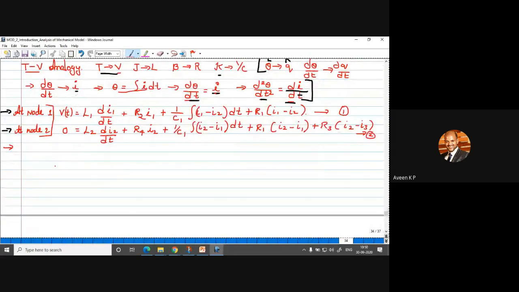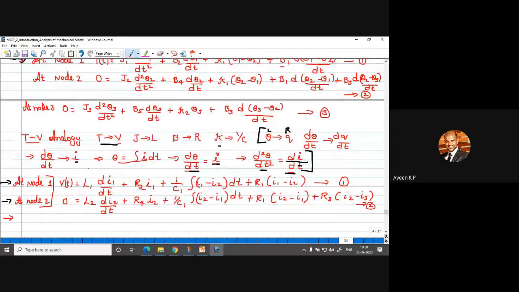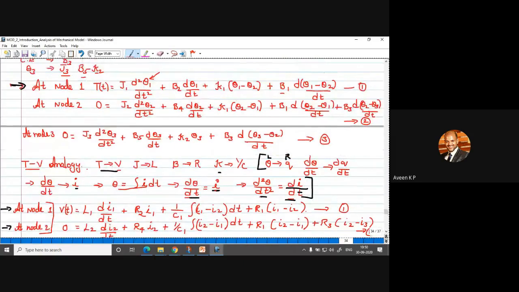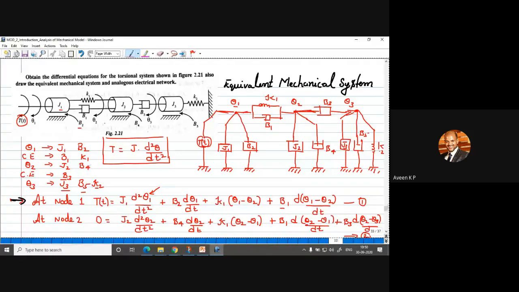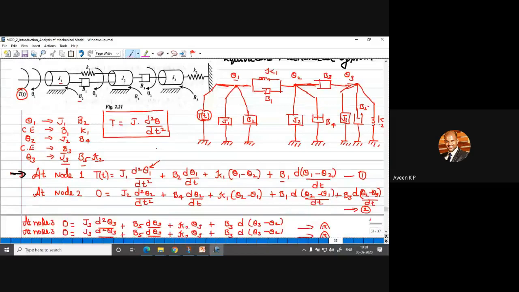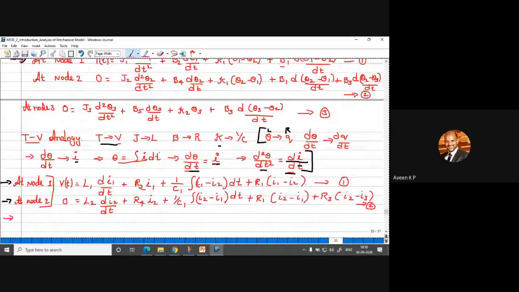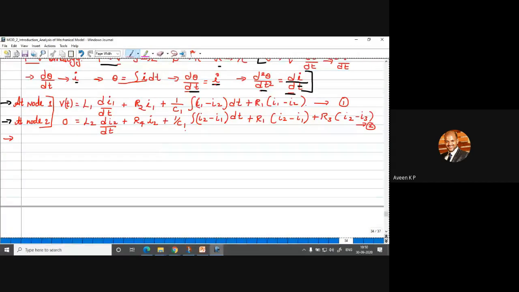Okay, so how to represent its network. I used to tell you in the torque voltage or force voltage analogy, you need to check the number of displacements. So here, if you see, we have 3 displacements, and these 3 displacements will represent the 3 loops. Okay, so let me write that down.